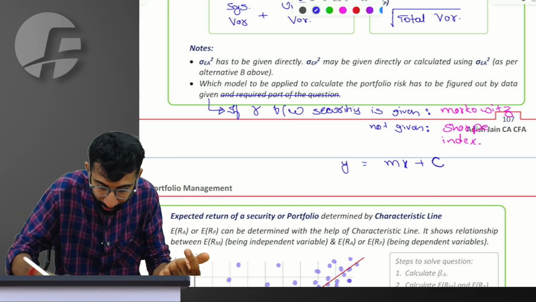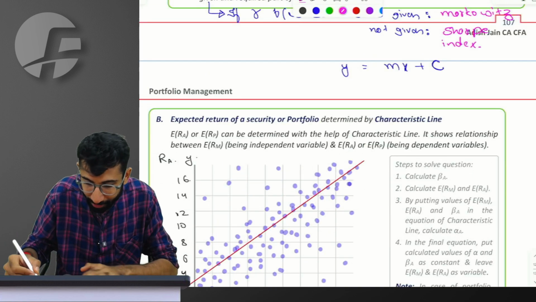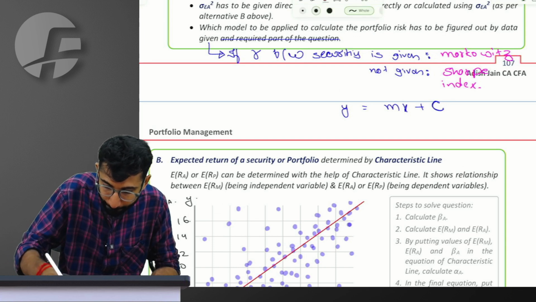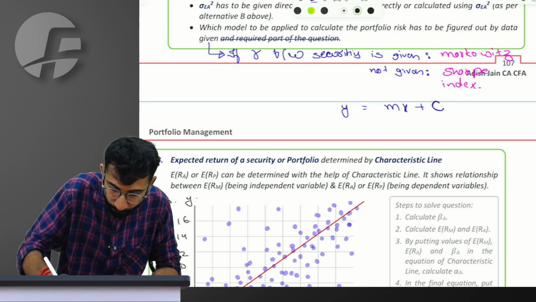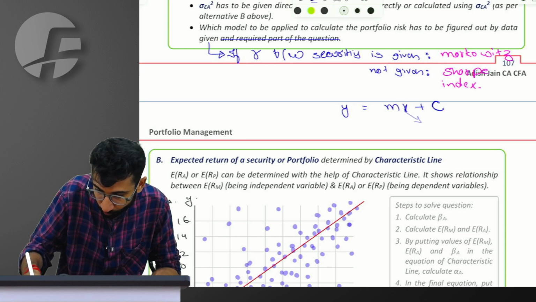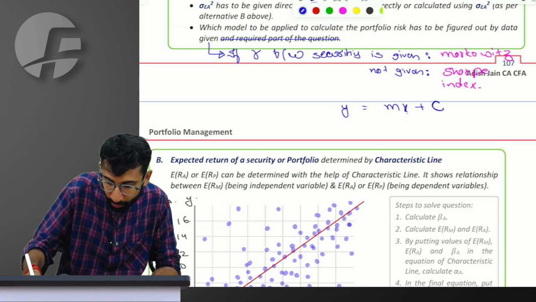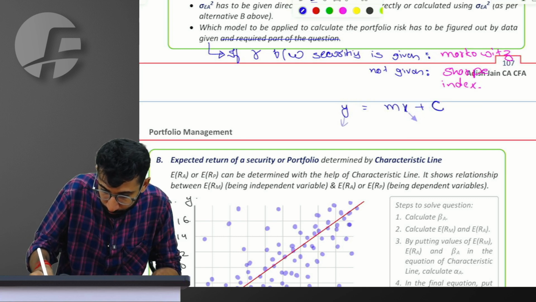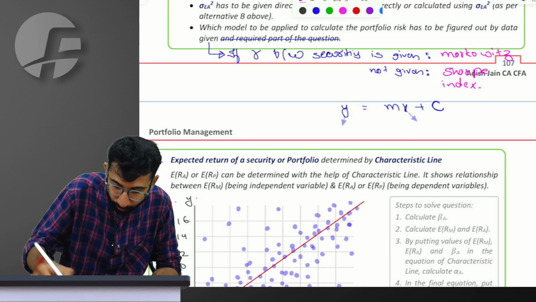I'm yet to speak. So let me now say x to be the independent variable and y to be the dependent variable.